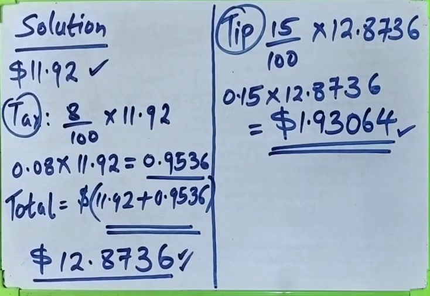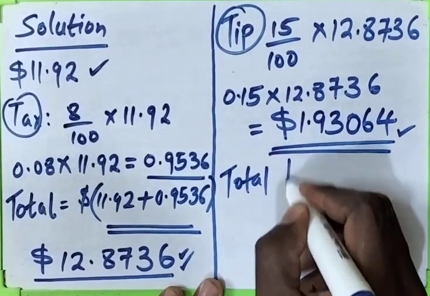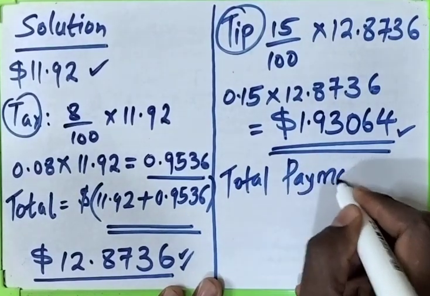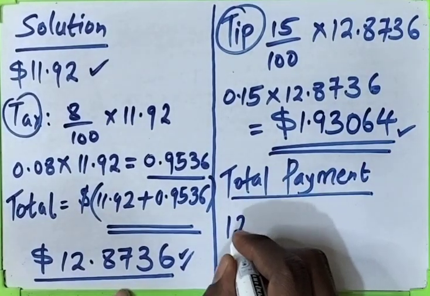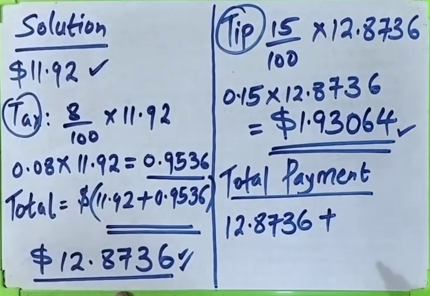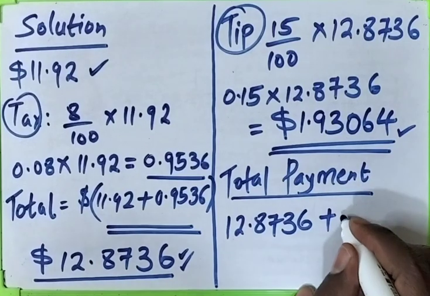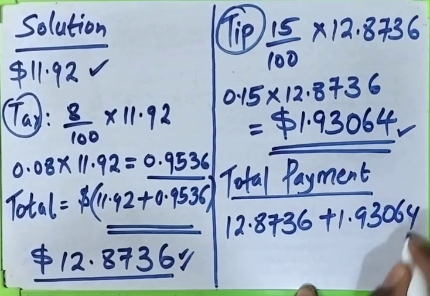So if you want the total payment, it shall be the total that we had gotten here, which is 12.8736 plus that for the tip, which is 1.93064.